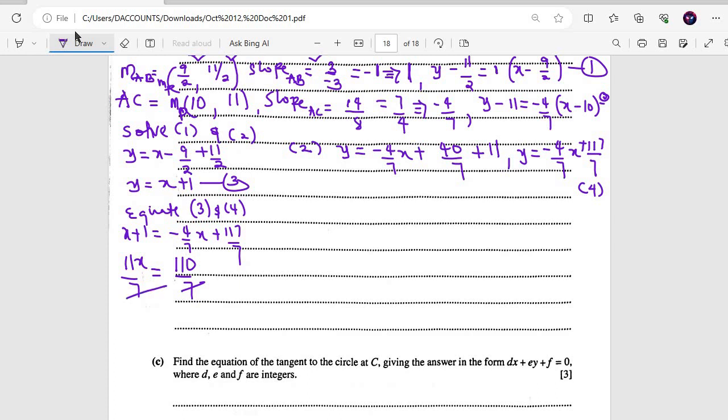This cancels this, 110 divided by 11, so my x is 10.